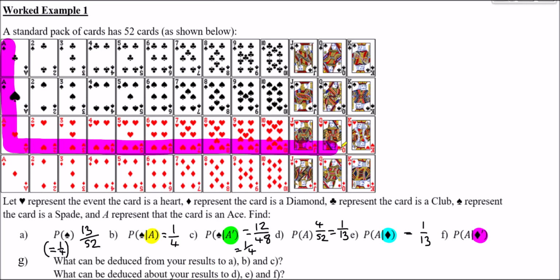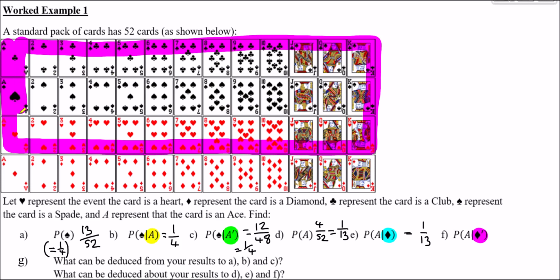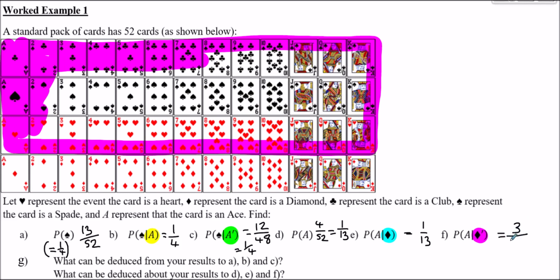I'm just looking at these top 39 cards. So out of these 39 cards, which I'm colouring in purple, how many of these are going to be aces? I actually can't be bothered finishing colouring that in, so there you go, I'm sorry. You can see here there must be 3 aces out of a total of the 39 non-diamonds. And again, if I simplify this down, 3 over 39 is 1/13.